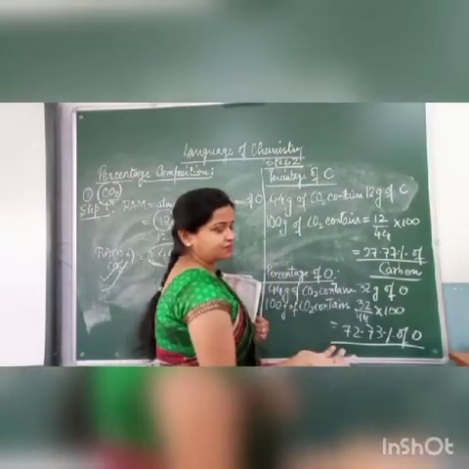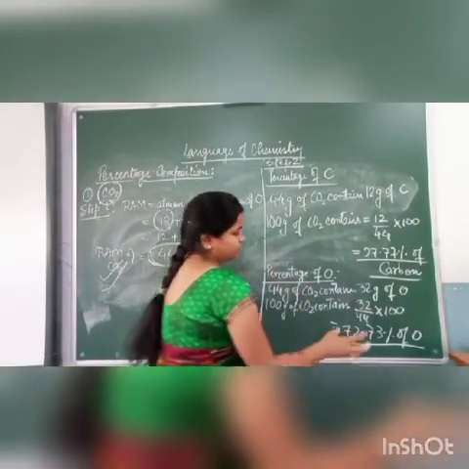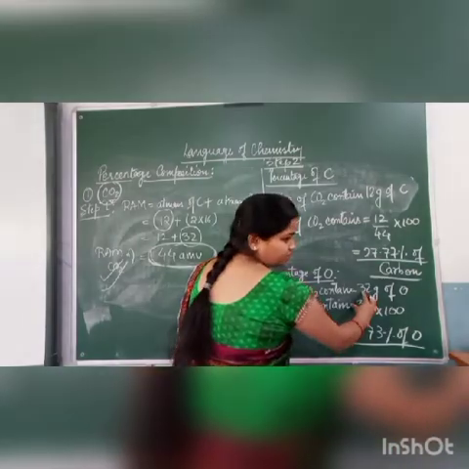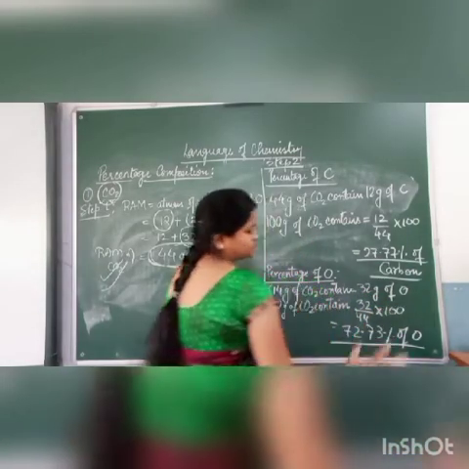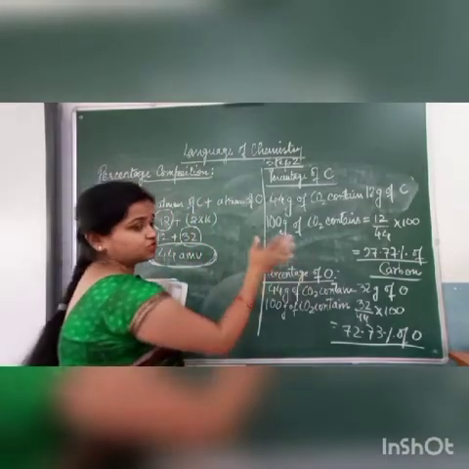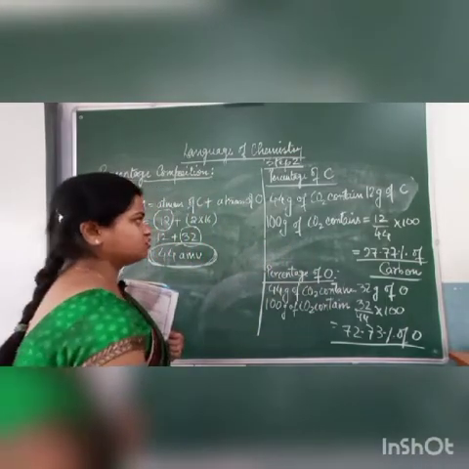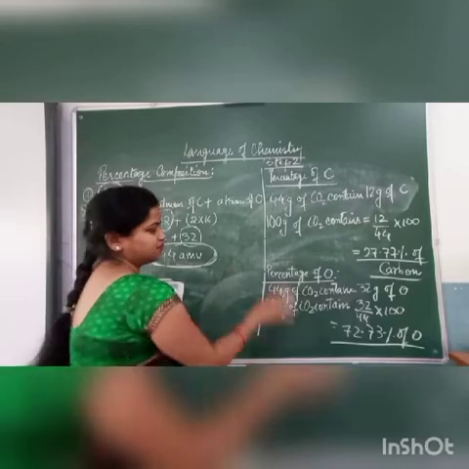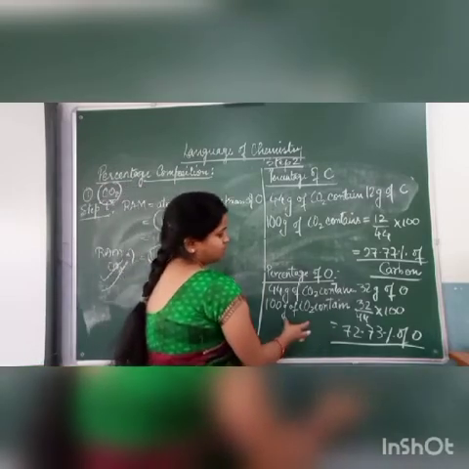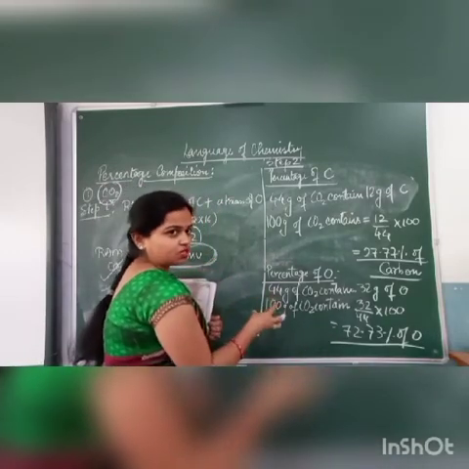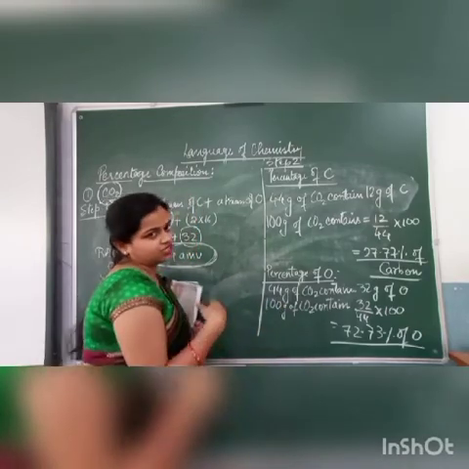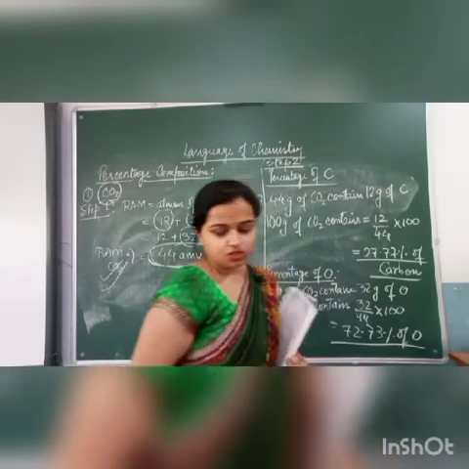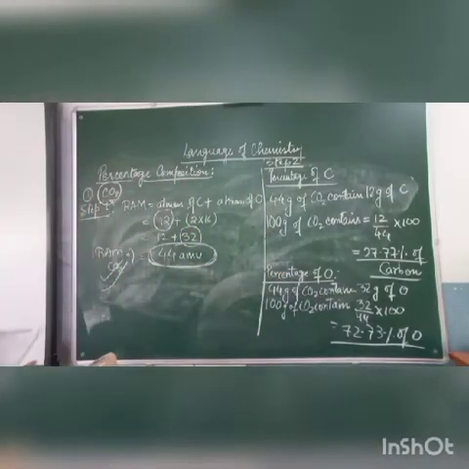Then if there is a second element, the same case, you will again write the total mass of the element upon total molecular mass into 100, then you will get the second. If a third element is there, we will follow the same process. I am now taking a second example.